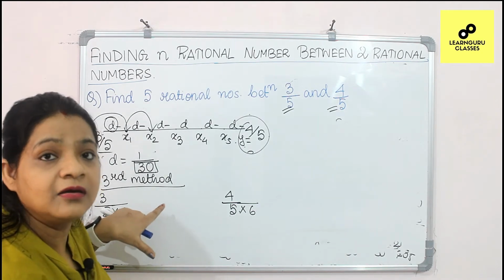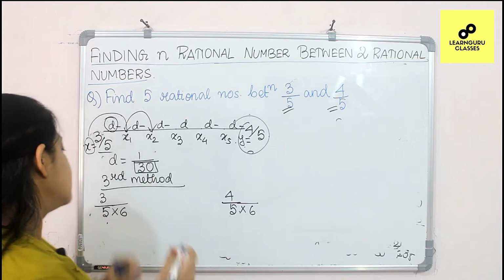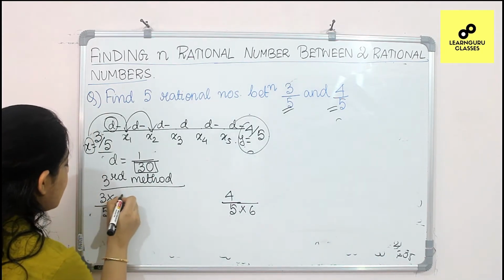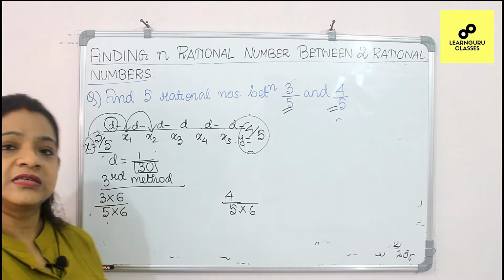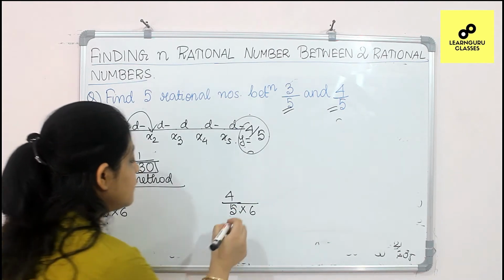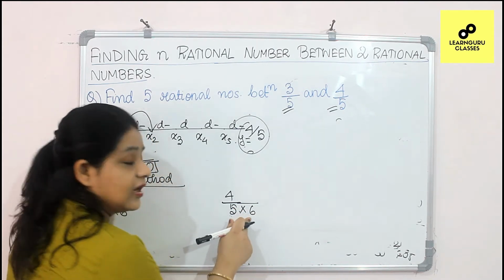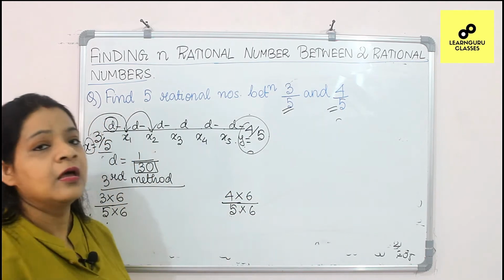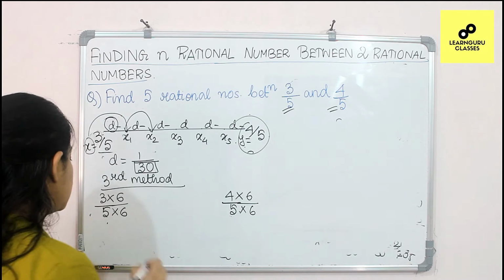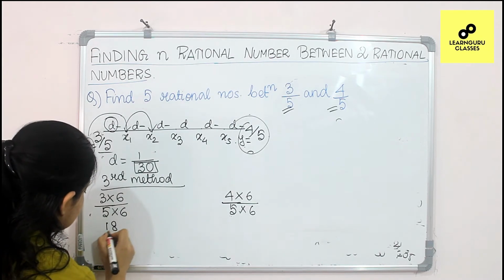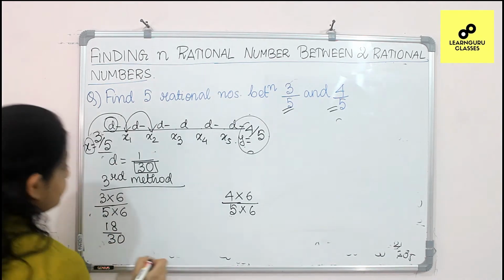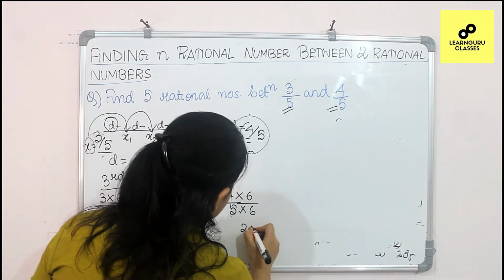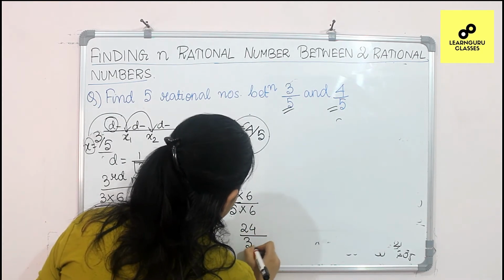I am multiplying the denominator with 6. So you have to multiply the numerator with 6 as well. Here also you are multiplying the denominator with 6, so you are multiplying the numerator also with 6. So you are getting 18 by 30. And here you are getting 24 by 30.